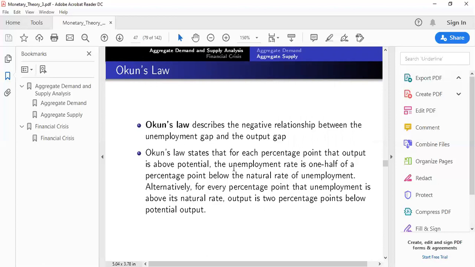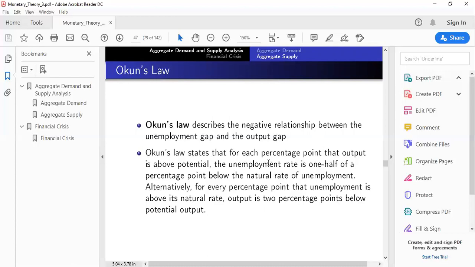If the natural rate of unemployment is 5%, because the economy is producing beyond potential, the unemployment rate will be about 4%, or less than 5% in general. So it's the relationship between the output gap and the unemployment gap.